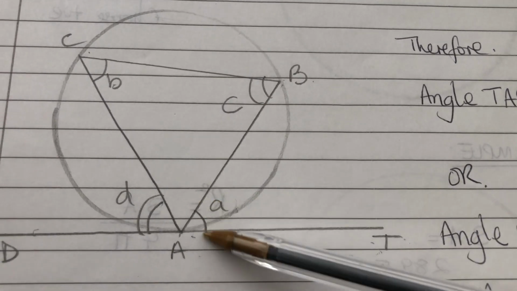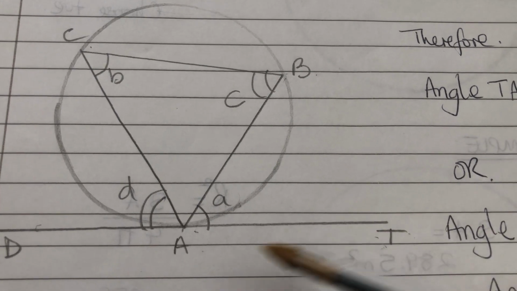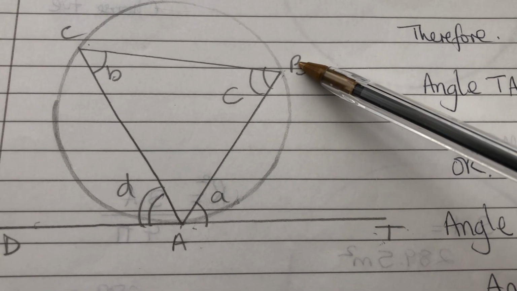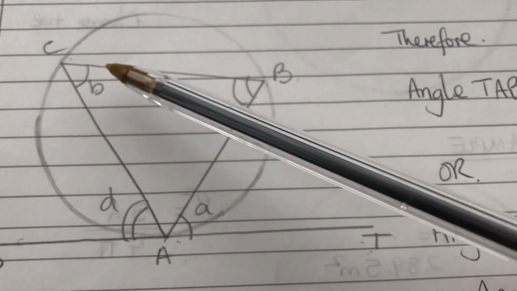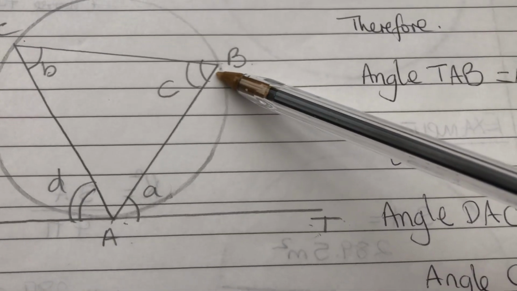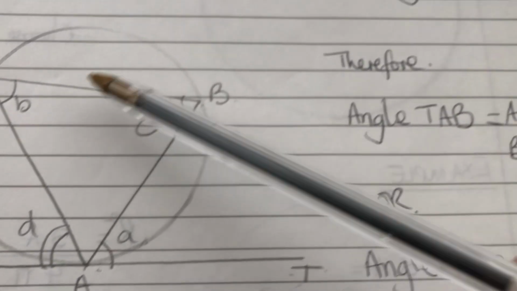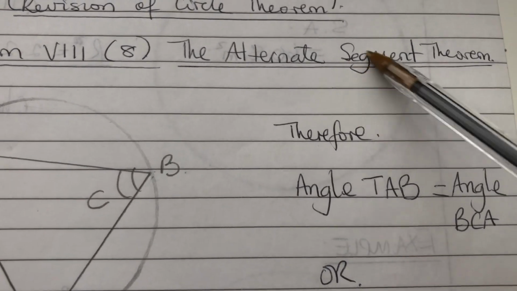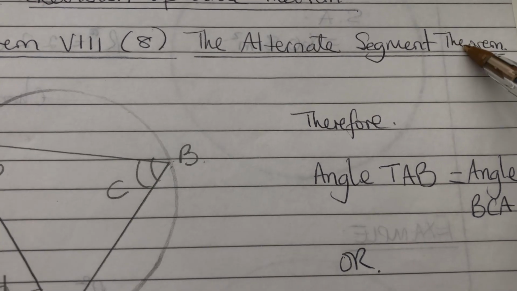So the angle here with this tangent, TAB, will be equal to angle ACB, this angle. I think that is how the name got derived, alternate segment theorem.